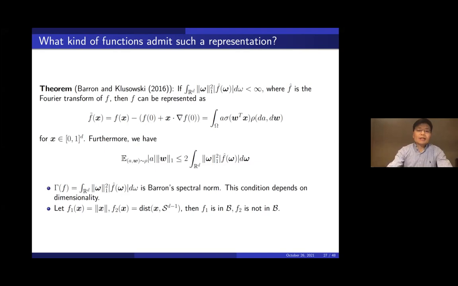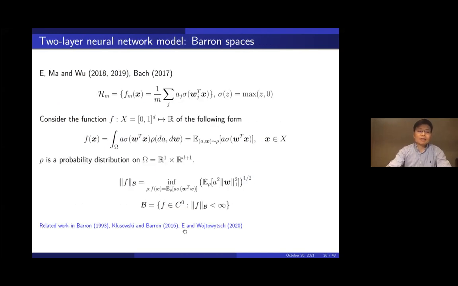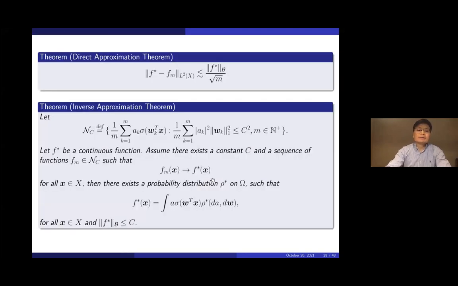So why do we define this class of functions? Why are we interested in this class of functions with this funny norm? Well, that's the right class of functions for which two-layer neural networks can approximate efficiently. Namely, we have the direct and inverse approximation theorem.